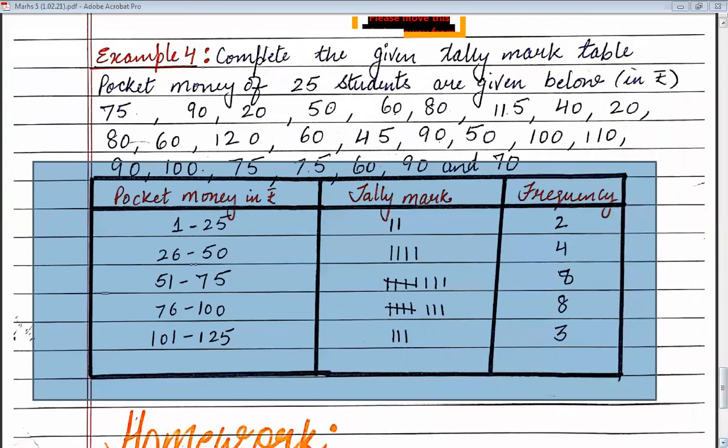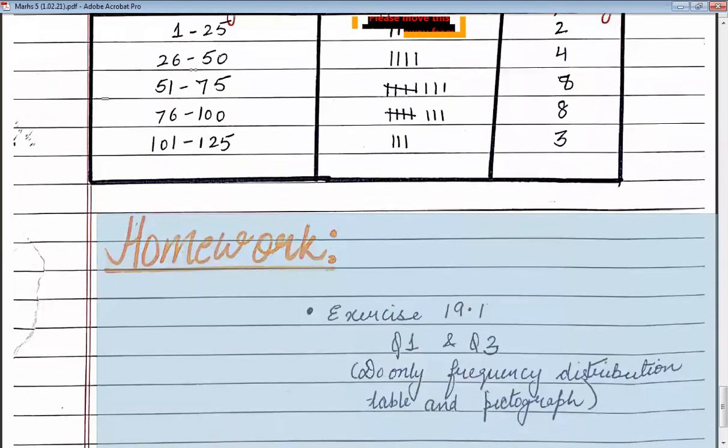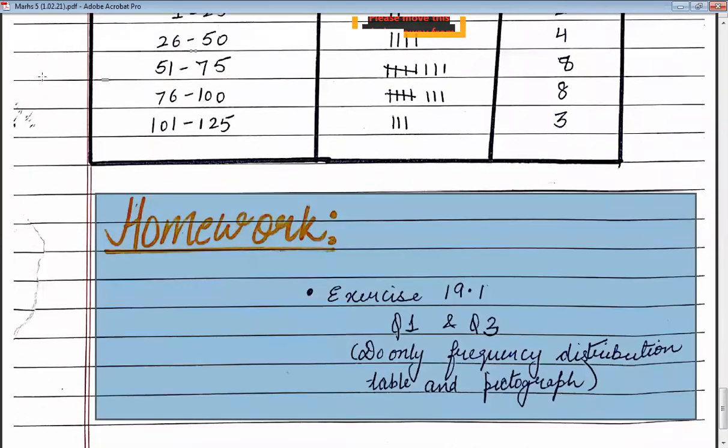I hope, children, you are clear with today's lesson. So children, let's see what we have discussed in this chapter. In this chapter, we have discussed pictograph, and then we have discussed our tally mark table or frequency distribution table.